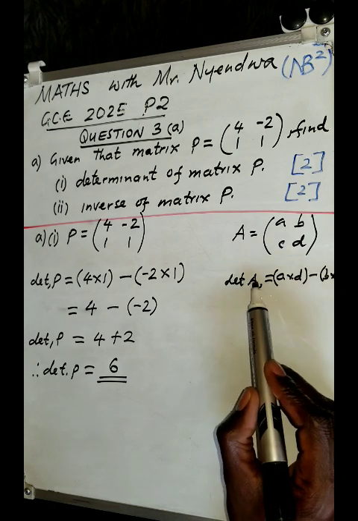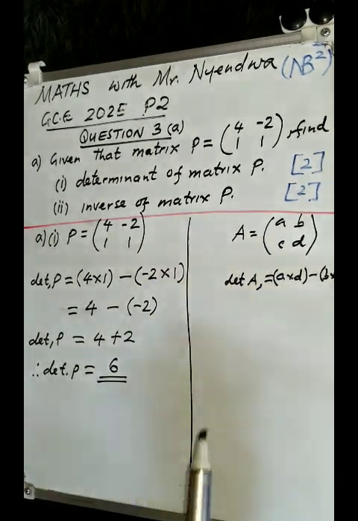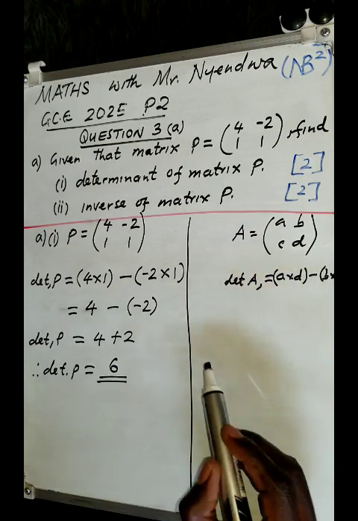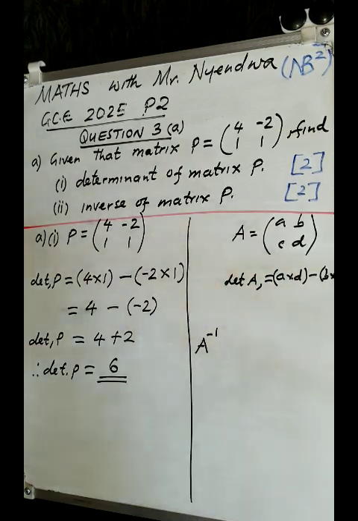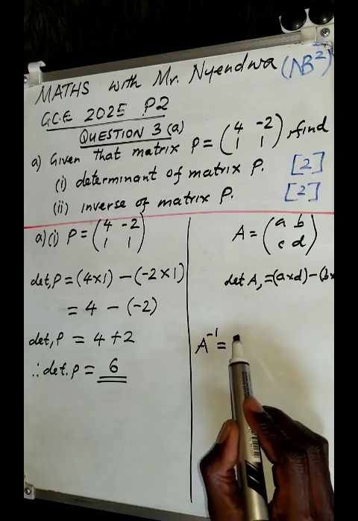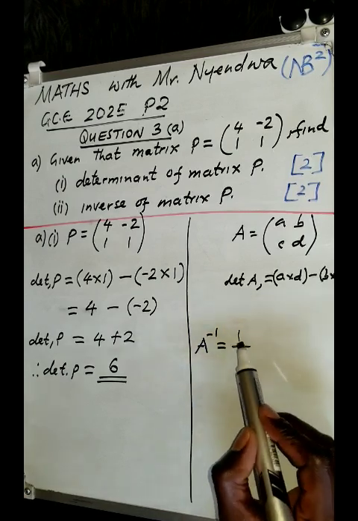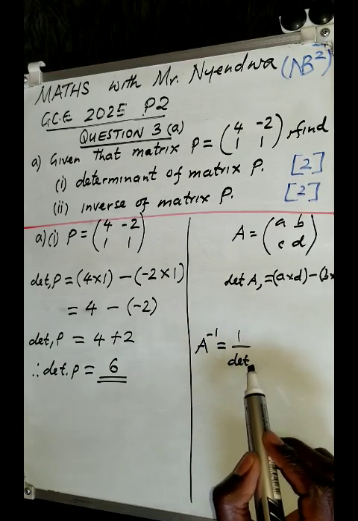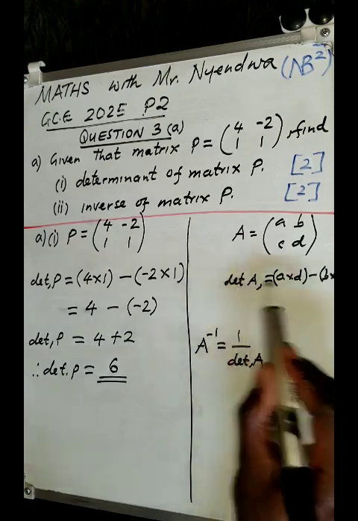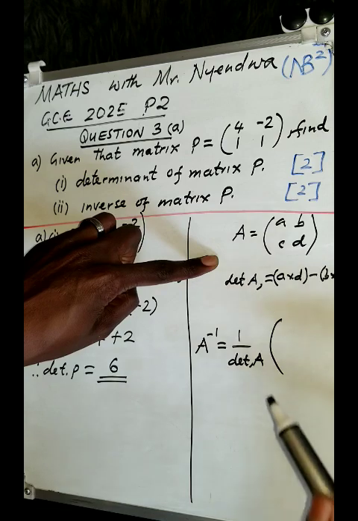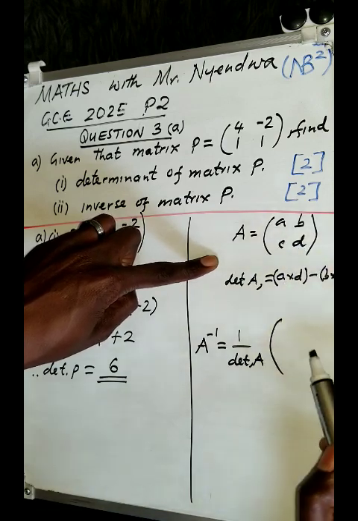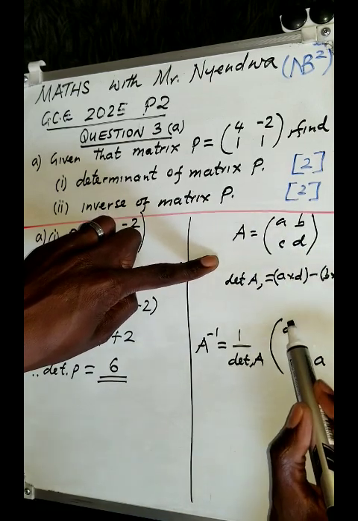Now, if you know the determinant of a particular matrix, to find the inverse, which is also written as A raised to minus 1, you simply say it's always 1 over the determinant of the same matrix, the determinant that you have found. Then for the major diagonal, you swap them, so the A comes here and the D goes there.